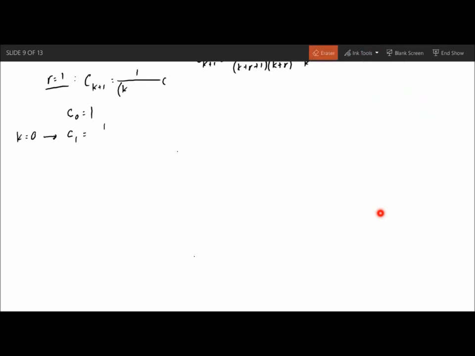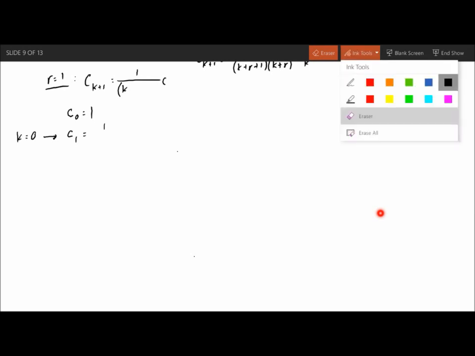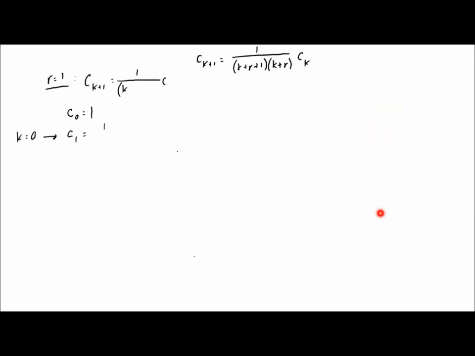Sorry, I did what I said I wasn't going to do. So I'm plugging r equals 1, so this becomes (k + 2) times (k + 1). Okay, that's better. So when I plug in 0, we get 1 over 2 times 1 times c0, so that'd be 1/2.